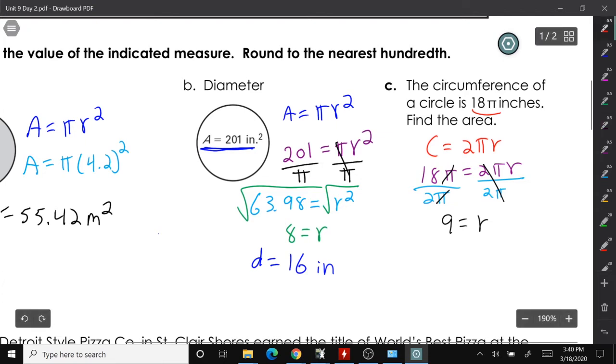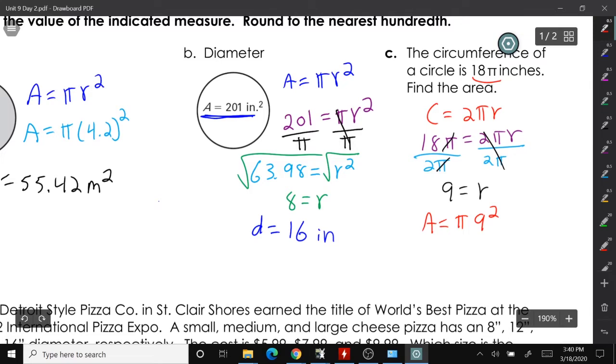Then we can plug that into the area formula for a circle. So area equals pi times the radius squared. So then in my calculator, I will type that in. And again, if you want to use 3.14 for pi, that's fine.